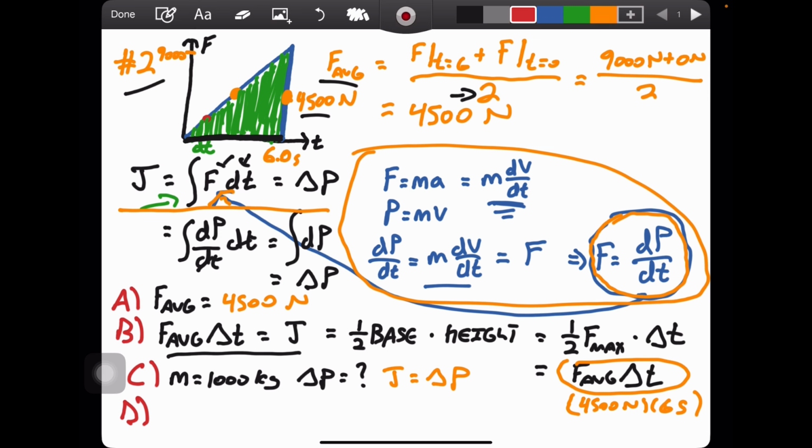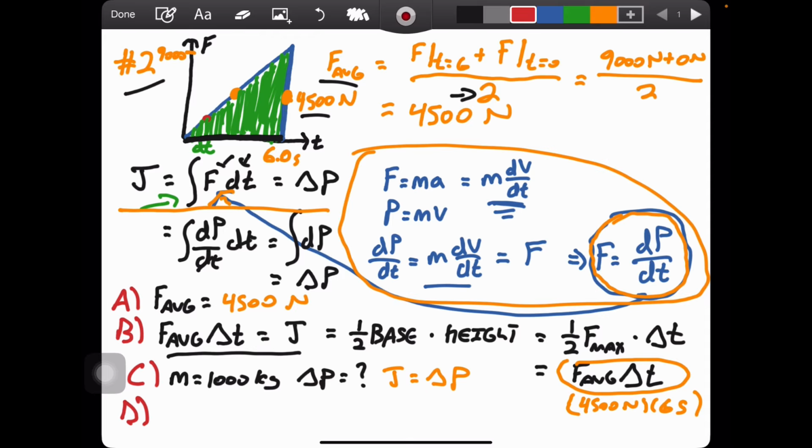The slope of force versus time is positive, so that means that if you think of force versus time, then the slope, delta F over delta T, that's the acceleration. And so if the slope is positive, the acceleration is positive. So if acceleration is positive, the velocity keeps increasing.